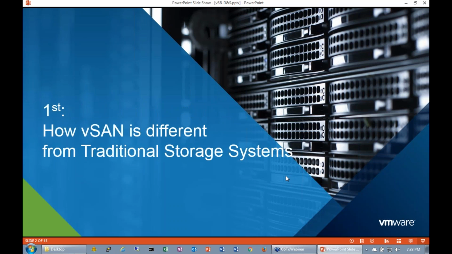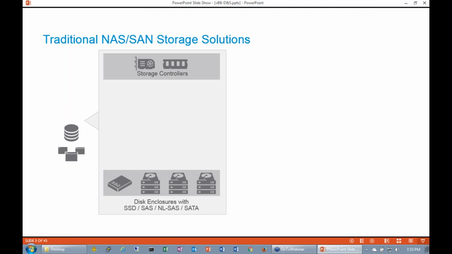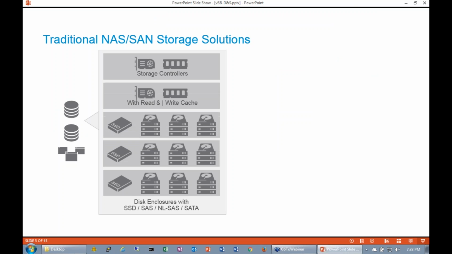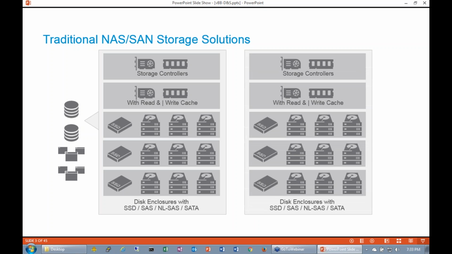The big thing to keep in mind when it comes to vSAN is how is it different than traditional systems, right? Traditional storage systems. Now this slide I think is going to populate on its own, but if you notice, we've got some capacity being presented up on the left and some applications and whatnot. We've got multiple shelves with a combination of solid state drives and SATA drives and nearline SAS with some cache and whatnot, right?